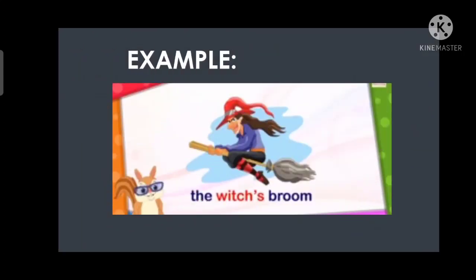Now you can see the example, the witch's broom. It means this broom belongs to only one witch because it is given in the singular number. Just after the witch, apostrophe s is given, meaning this broom belongs to that witch.